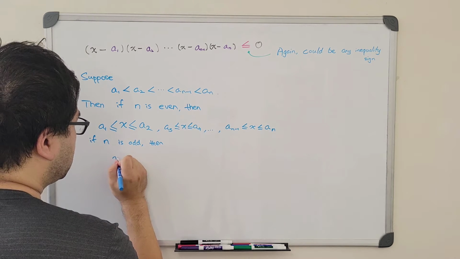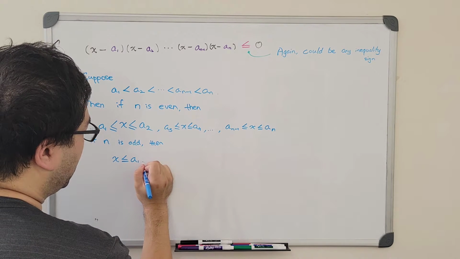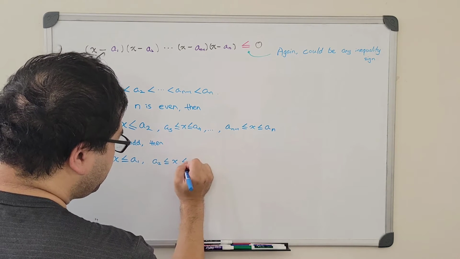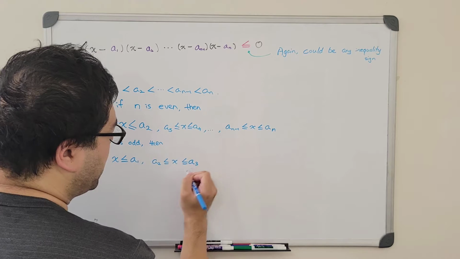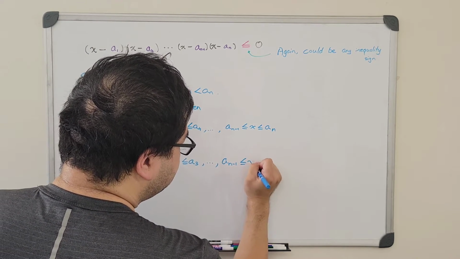We now will get x is less than A1, or x is between A2 and A3, and all the way to this.